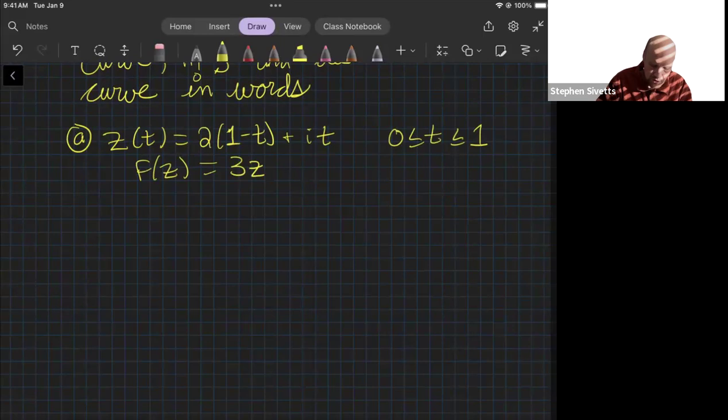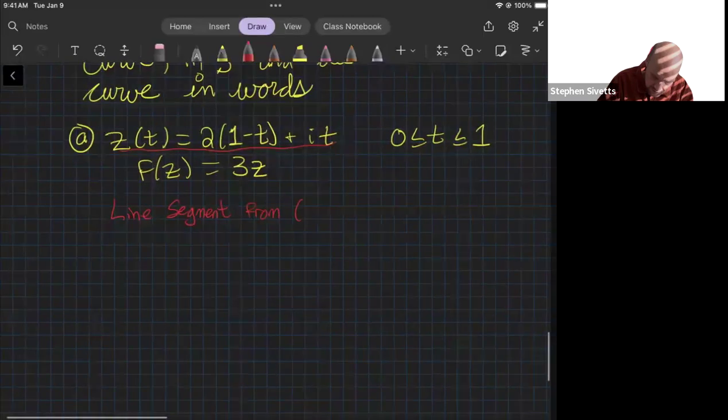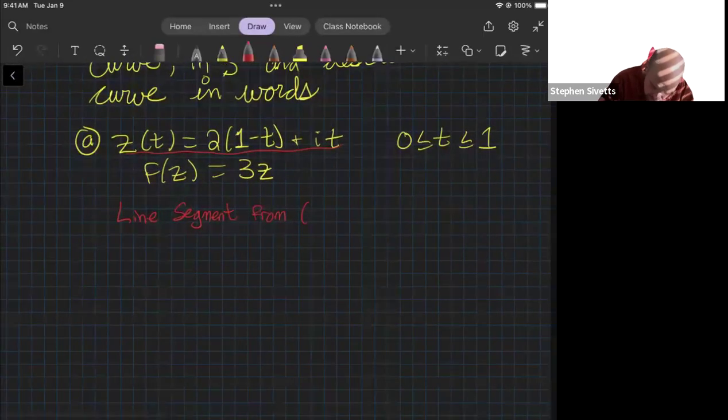Okay, so we want to describe the curve that's given by z of t, right? 2 times (1 minus t) plus i t, right? So this here is a line segment from the point (2, 0). I should say the complex numbers z naught equals 2 plus 0i and z1 is equal to i.